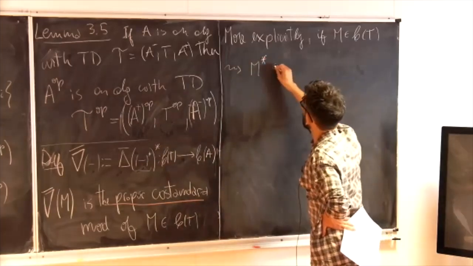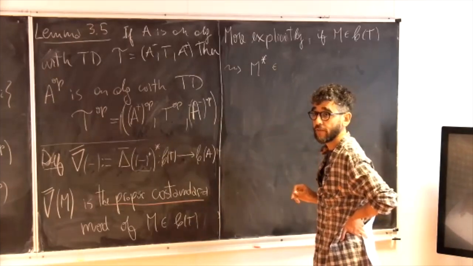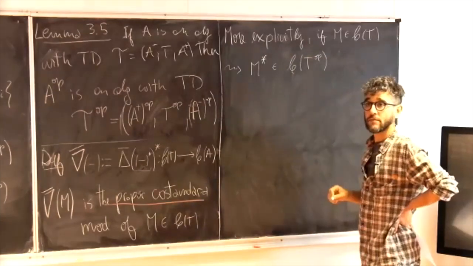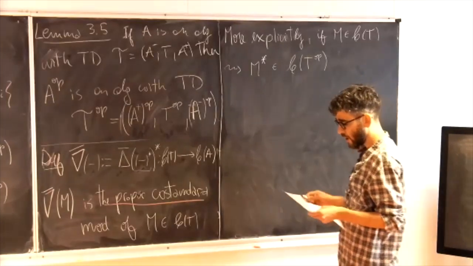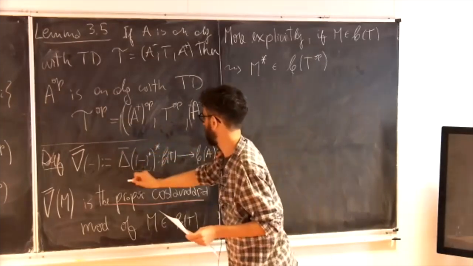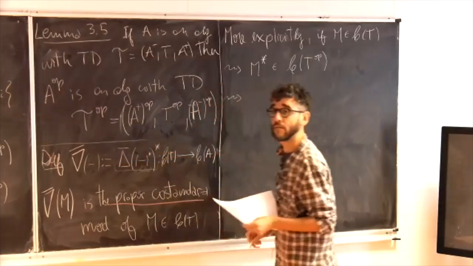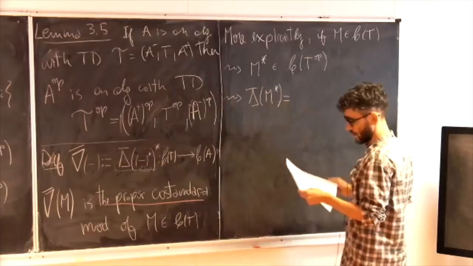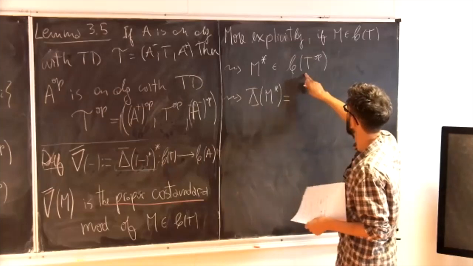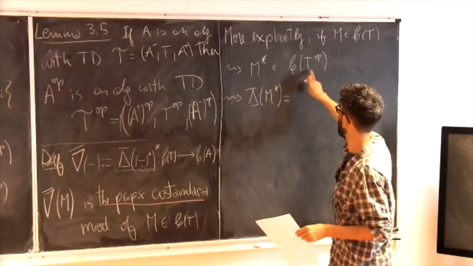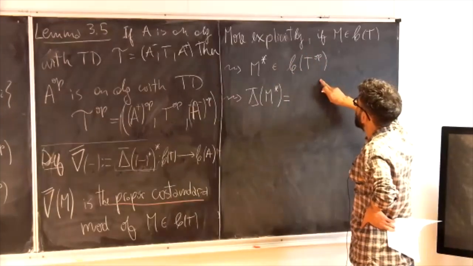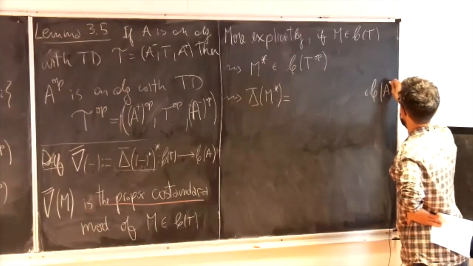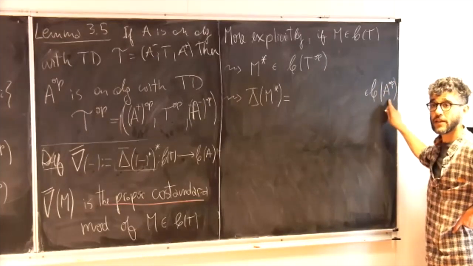So M dual, because of the notation at the beginning, is a module over the opposite algebra of T. We then apply the proper standard model, which goes from the category of modules over the opposite of T to the category of modules over the opposite of the algebra A.